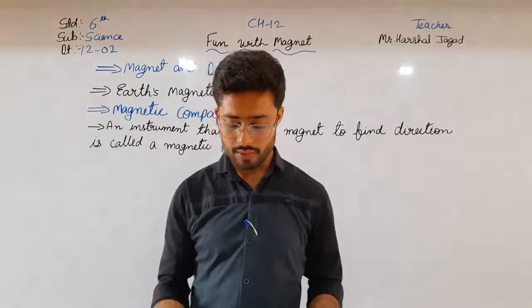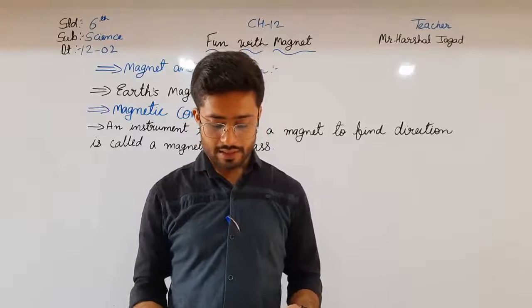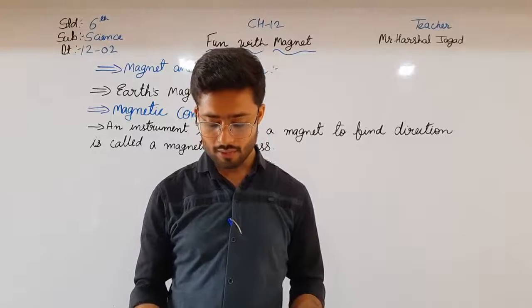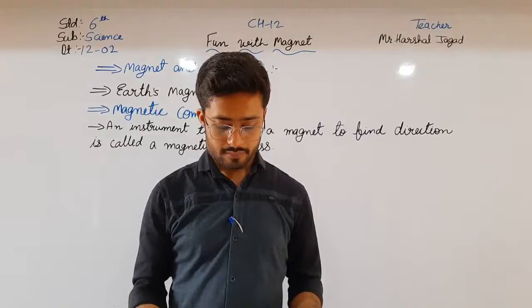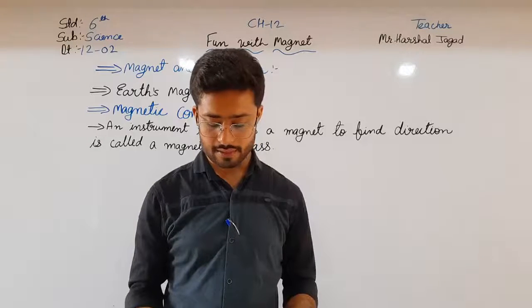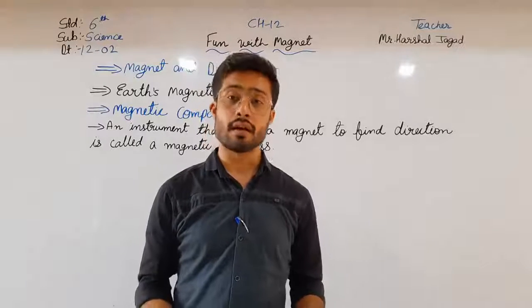All we have to do is rotate the box such that the colored tip of the magnetic needle points to the mark N on the box, and all required directions can be read on the compass. By using the principle that a freely suspended magnet comes to rest in the earth's north-south direction, you can make your own magnetic compass.